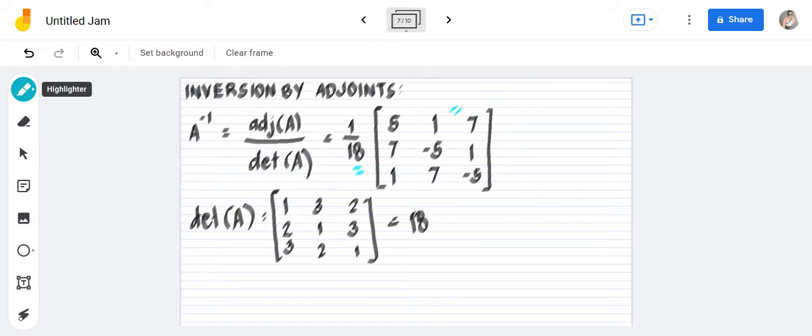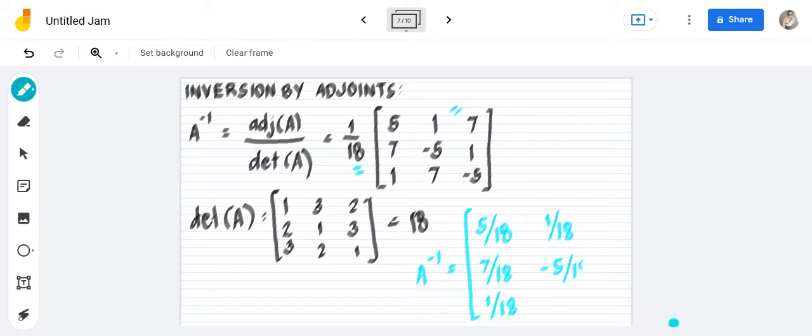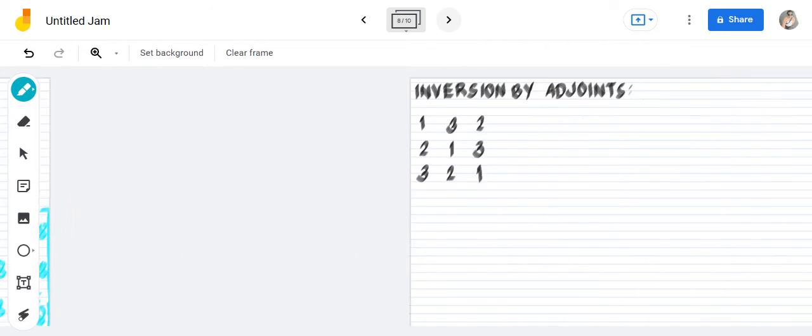The inverse of the coefficient matrix can be written as negative 5 over 18, 7 over 18, 1 over 18, 1 over 18, negative 5 over 18, 7 over 18, 7 over 18, 1 over 18, and negative 5 over 18.